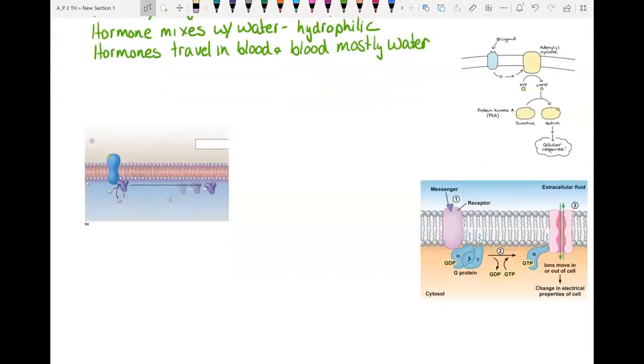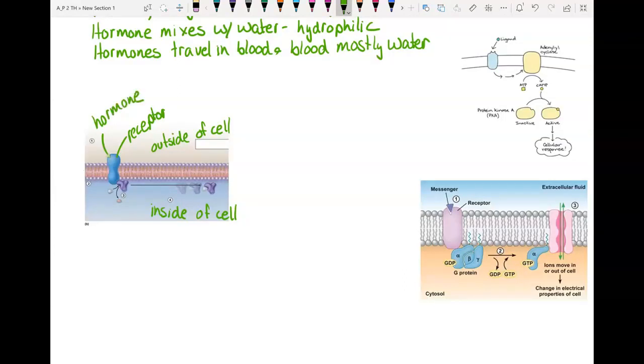Then when they get to the cells, they're going to bind to a receptor on the surface of the cell. So in this picture, this is the outside of the cell. This is the inside of the cell. This blue thing here is the receptor. And here, this green triangle is the hormone.